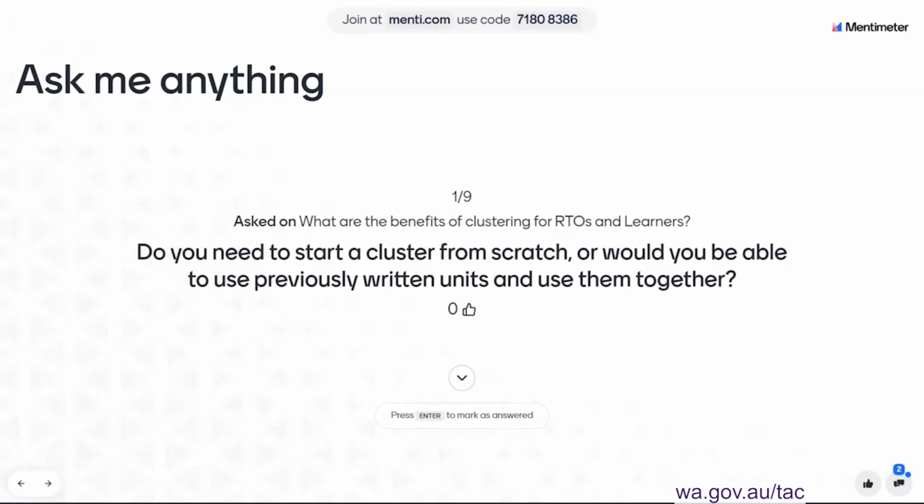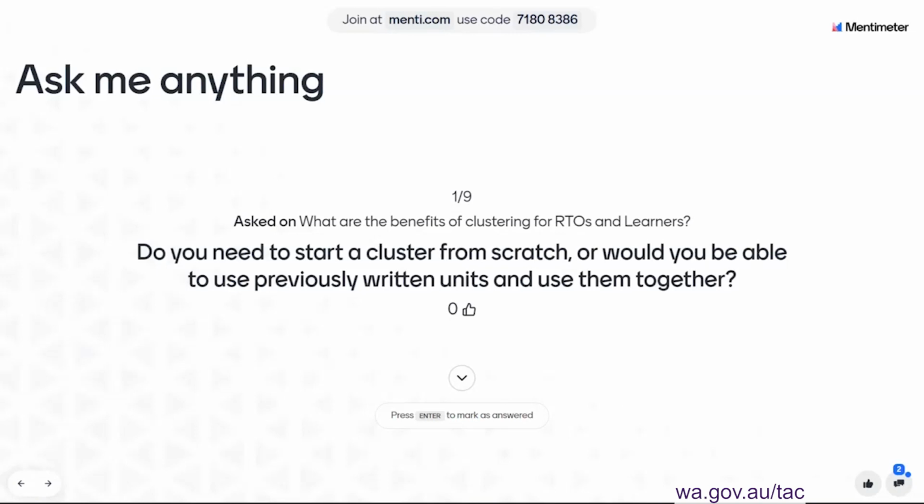Okay, this is a good question. The reason I think it's really good is that often figuring out the evidence that you require for an individual unit makes it easier to figure out how you might group those units together, because ultimately we always have to come back to making the assessment judgment against the individual unit of competency. So I think you could do it both ways.